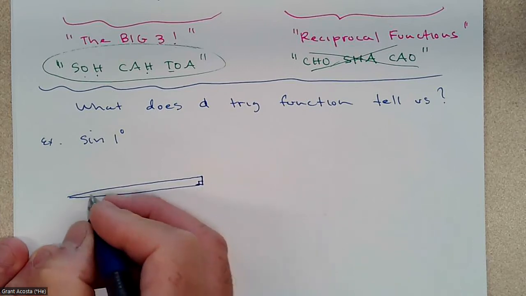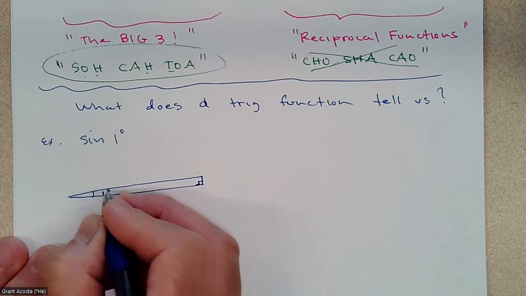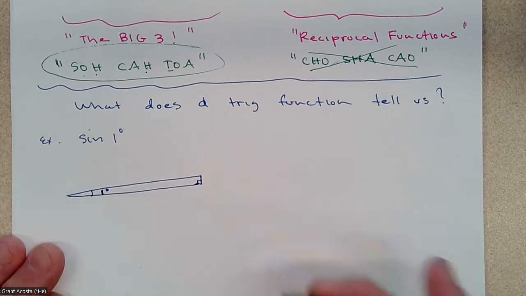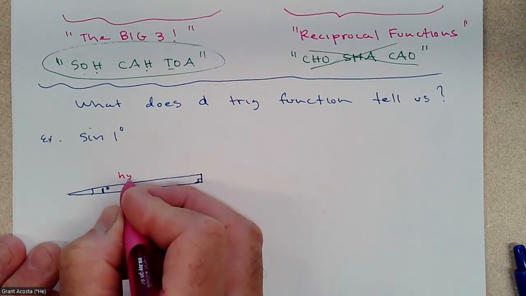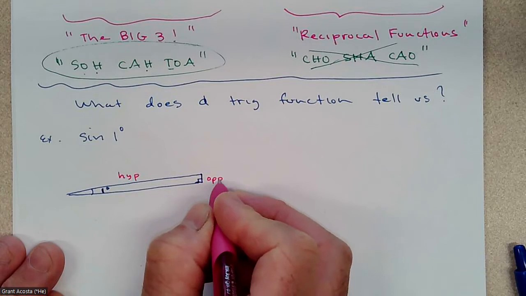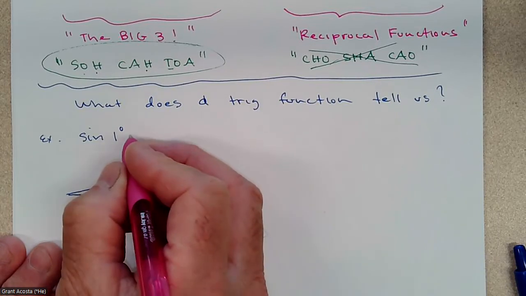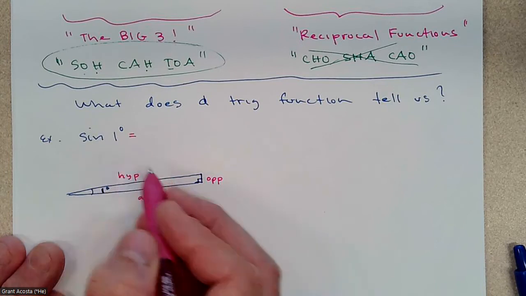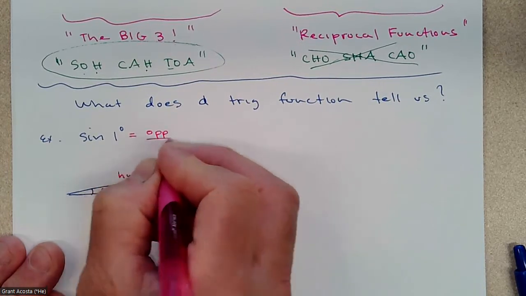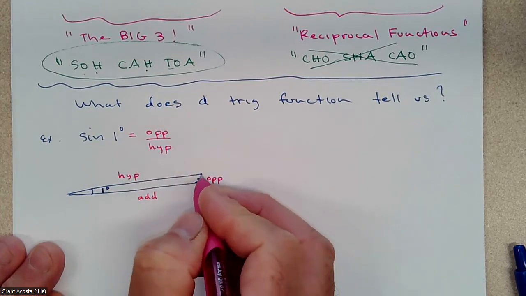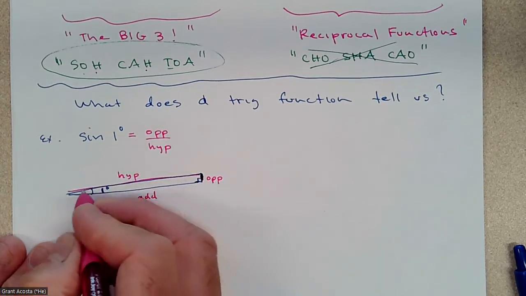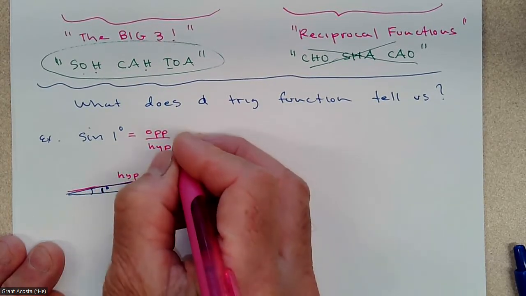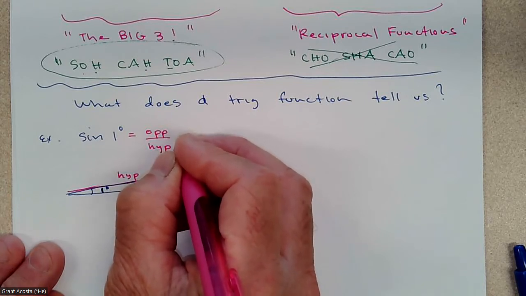Here is your right angle, and there is the angle of 1 degree. If this was the hypotenuse, this was the opposite side, and this was the adjacent side, then the ratio of the opposite over the hypotenuse is this length divided by this length. Hopefully you can see this is a very small number and this is big in comparison. So this should come out very small.